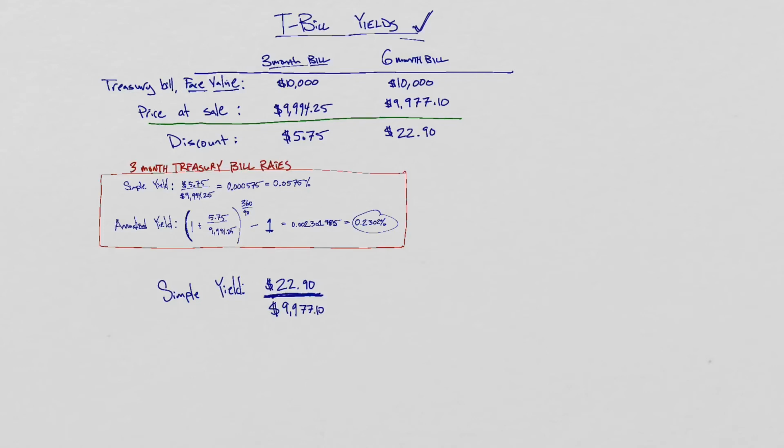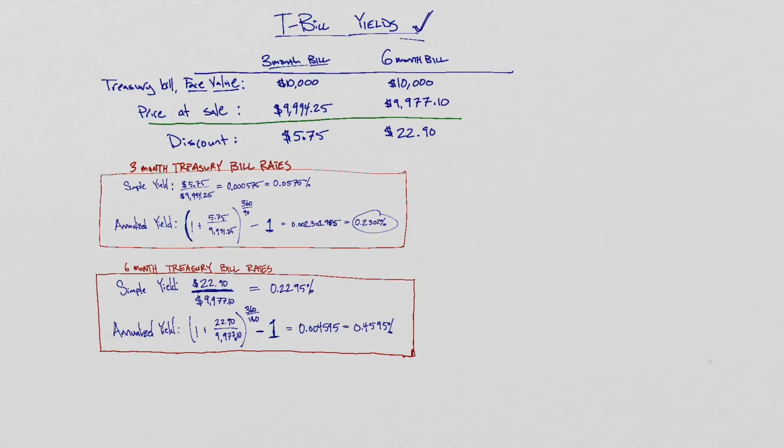Or if we are taking an annualized version of that, one plus that same amount, but with the difference that since we're compounding, it's over 180 days instead of 90 days. That gets us our annualized and simple numbers respectively.